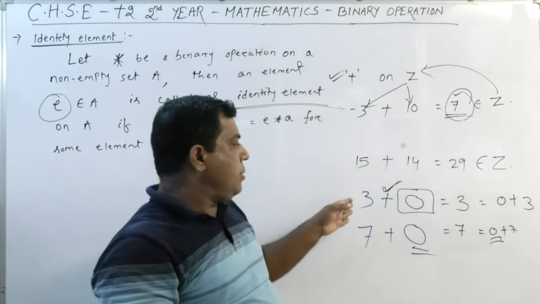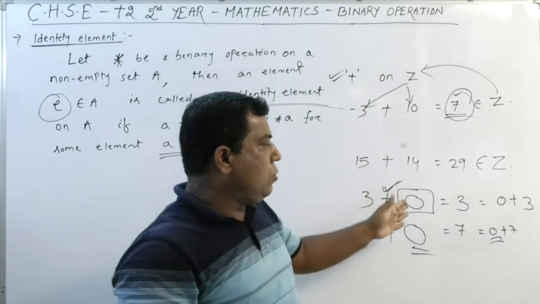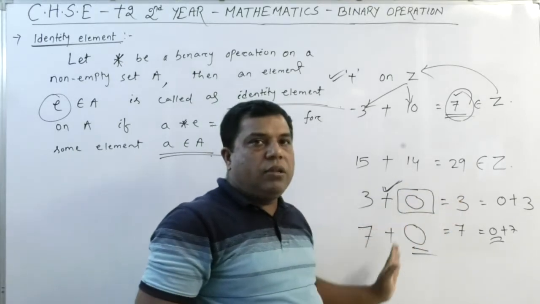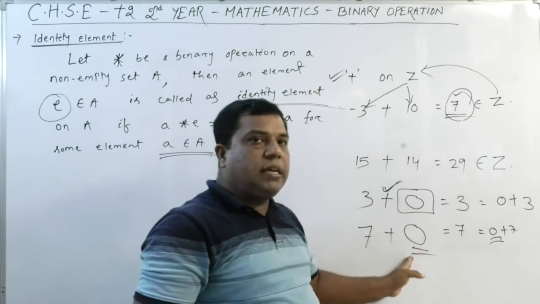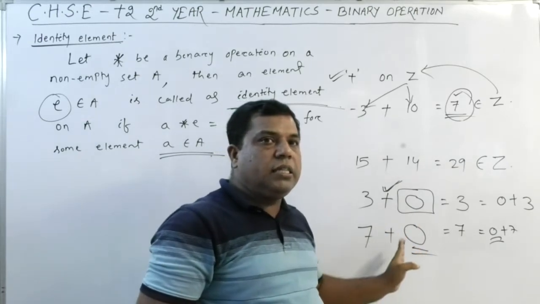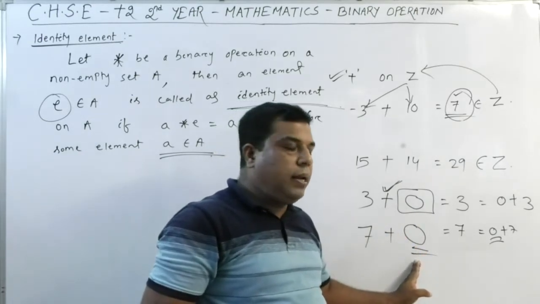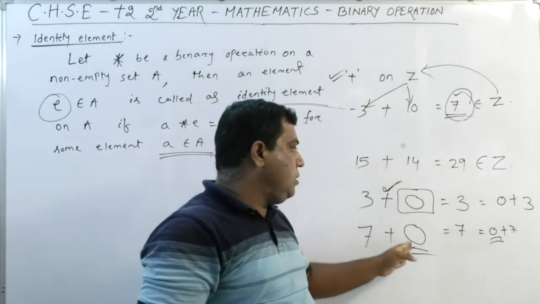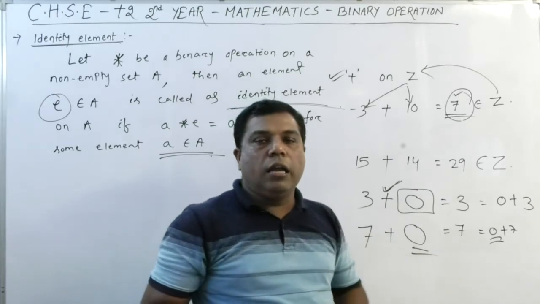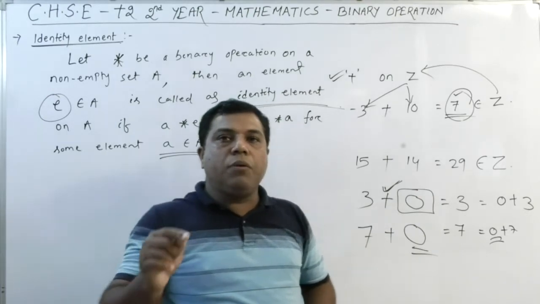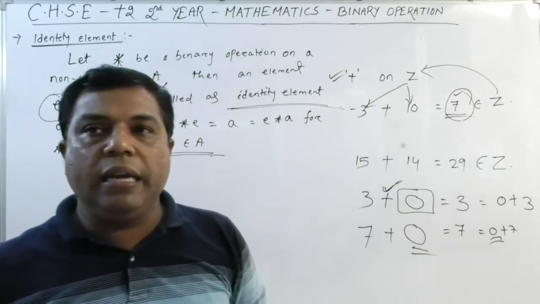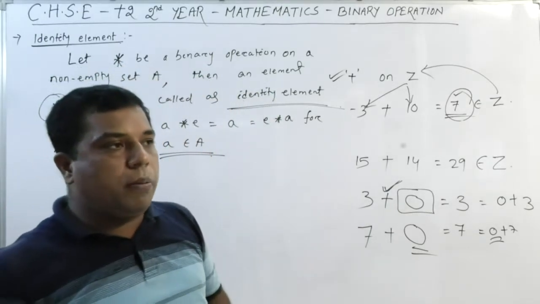With 3, 0 is acting as identity element and we get 3. With 7 also 0 is acting like an identity element. It is operated with 7 and the value remains 7. So you see 0 does not alter. That means in a particular binary operation there is a unique identity element that we can observe.